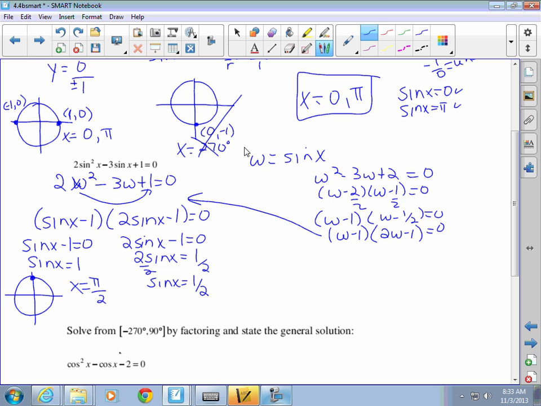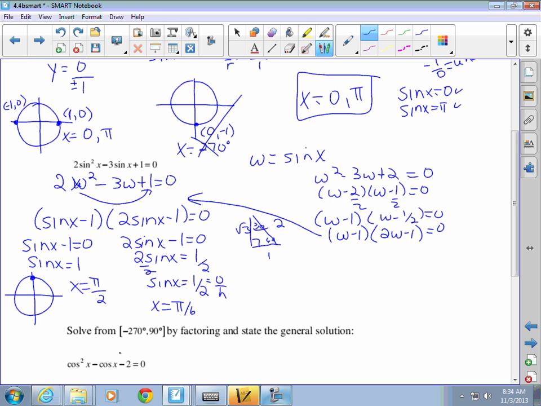So that means I need to use my ratio where my opposite is equal to 1 and my hypotenuse is equal to 2. So that's this case of a 30, 60, 90. So this is 2, this is 1 here, and square root 3. Opposite is 1, so that means I'm using my 30 degrees, or my reference angle is pi over 6.